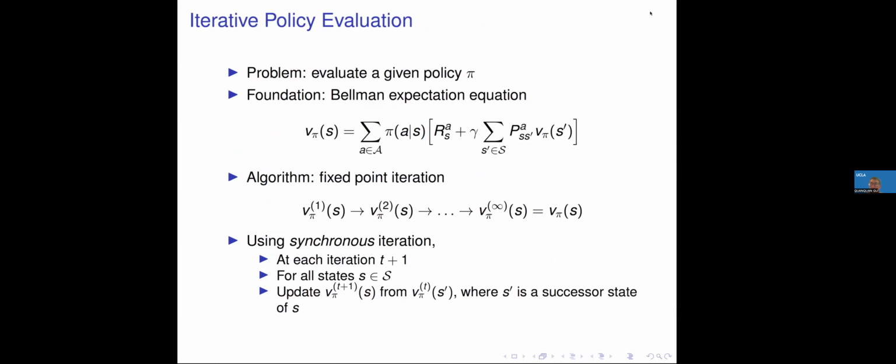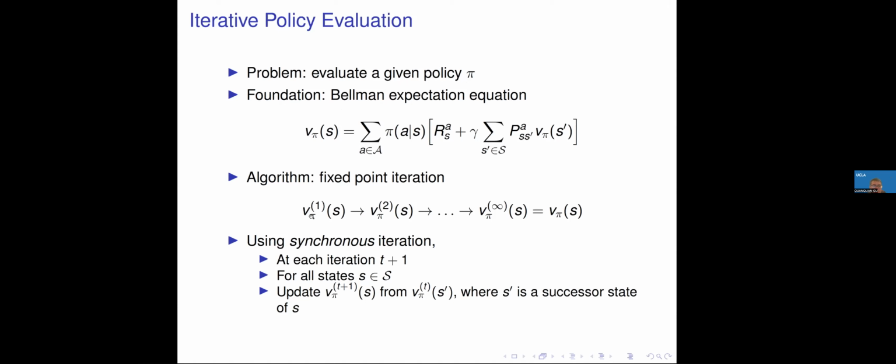I will first introduce the policy iteration algorithm. The input of this algorithm is a policy pi we want to evaluate. Basically, we want the algorithm to tell us how good this policy is. From the Bellman expectation equation, we can write down this recursive form: V pi of s is related to V pi of s prime. The algorithm will just do fixed point iteration.